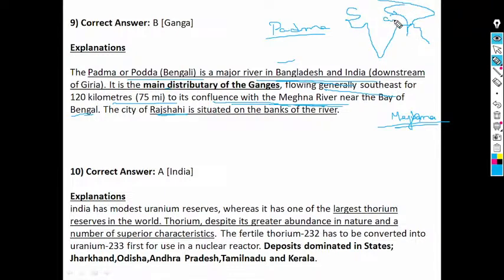This is your Ganga, Brahmaputra, and this particular region is Bangladesh. It is your Meghna.